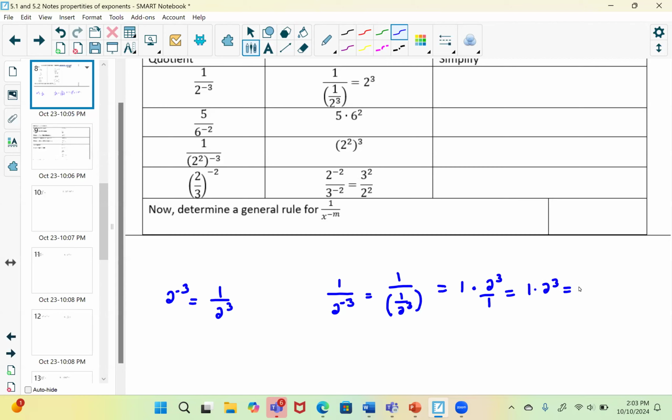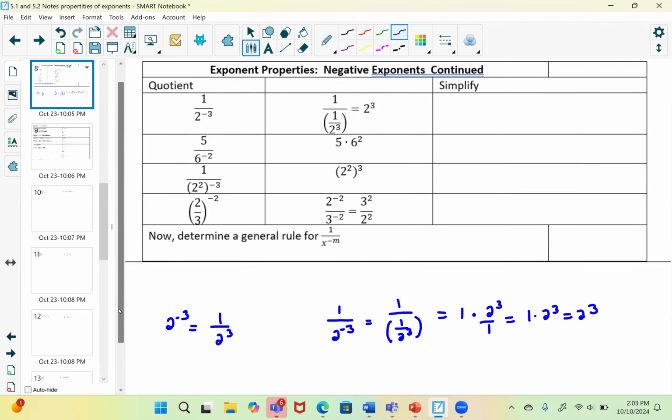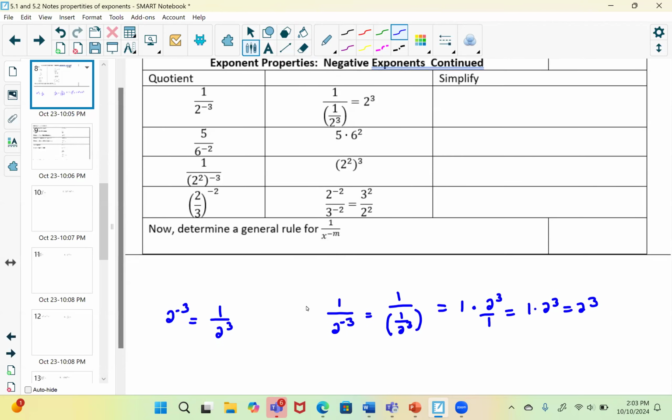So this is 1 times 2 cubed, which is 2 cubed. So when I started with 1 over 2 to the negative third, it really just becomes 2 to the third. And so what we're going to find is that when I have a negative exponent in the denominator, I can move it to the numerator and make that exponent positive.